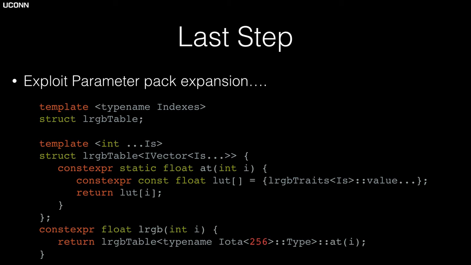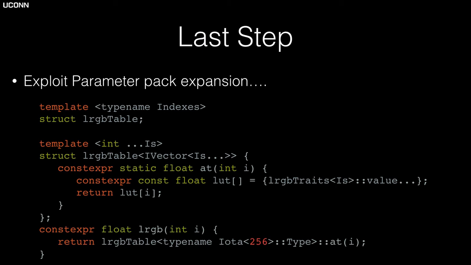And what it contains is an I vector of IS, right? So that's my list of integers. Now, what I find inside that type, this time, is not an integer. It is a function, a C++ function called at that receives an integer I, and what does it evaluate to? A const static float, an N3.